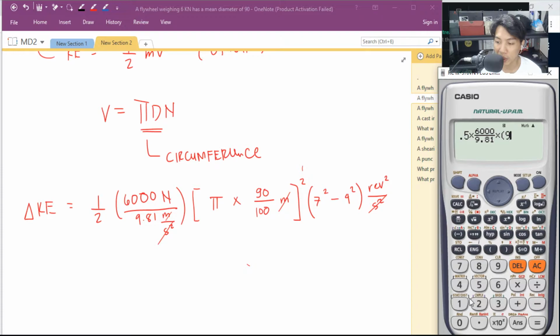So, 90 shift pi divide by 100. Square natin yung value. Multiplied to 7 squared. I think that is 7 times 7. Is 49. 49 ba? Oo, tama. 49. 90. Tapos 7 squared minus 4 squared. The answer will be, parang nagkamali ako dyan.